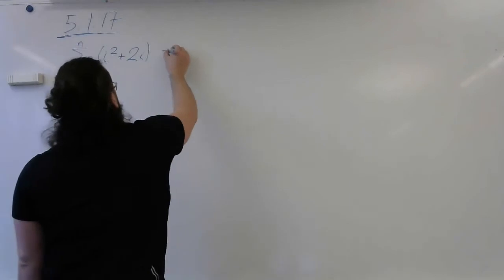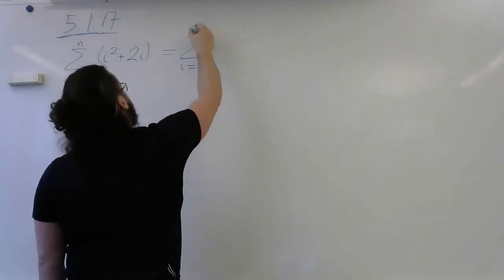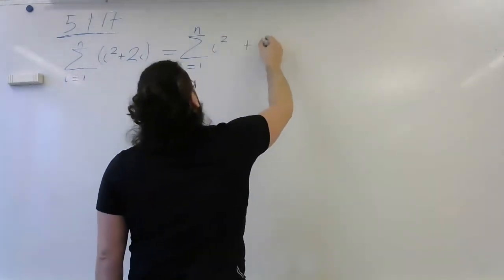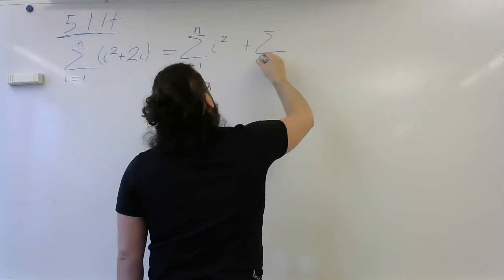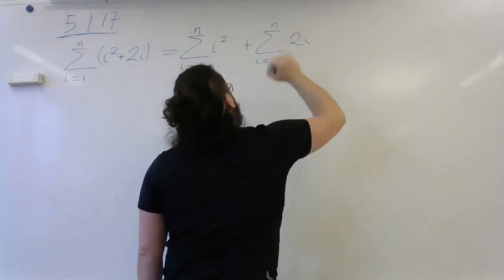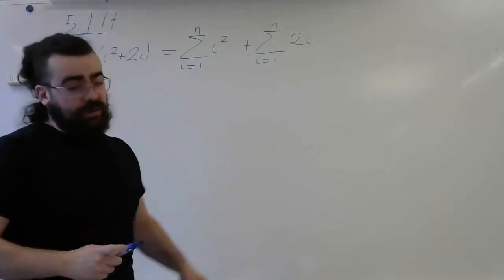So the first thing we can do is split this as the sum of two sums. Why, you may be wondering, because this one is very simple.